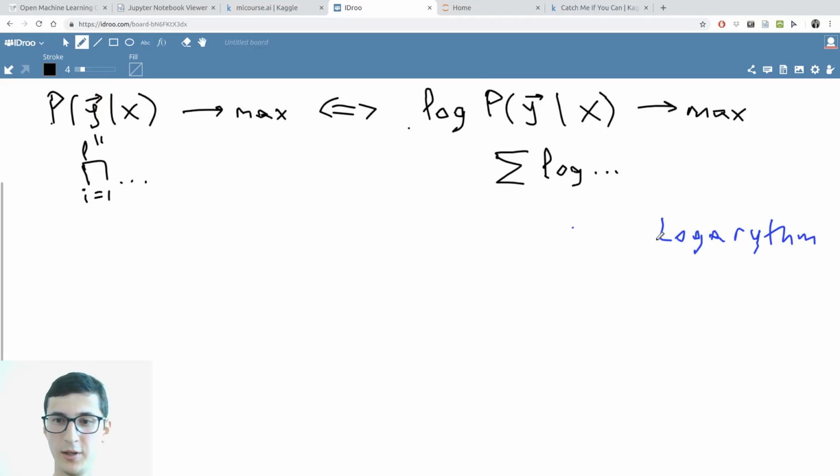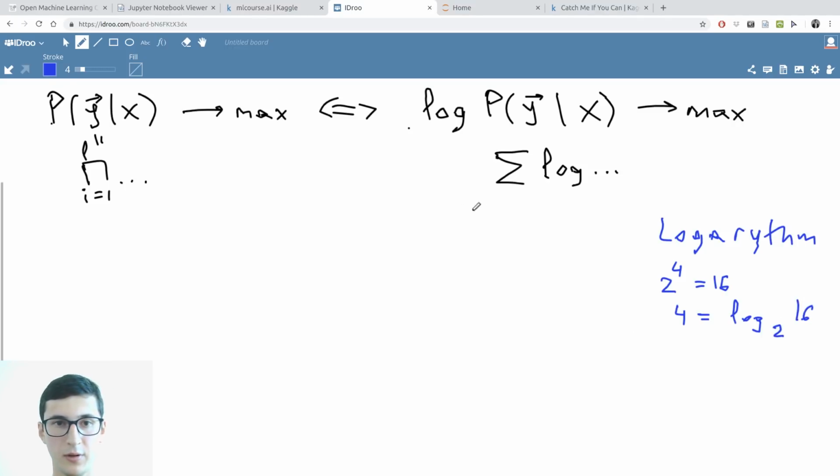It will be a very quick detour. If 2 to the power of some value 4 equals 16, then 4 is the logarithm of 16 with base 2.